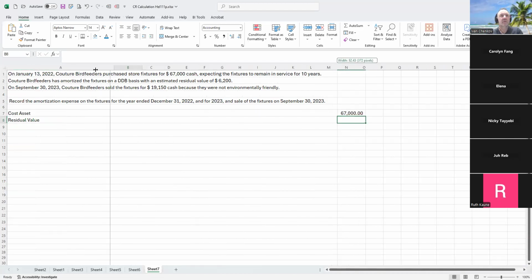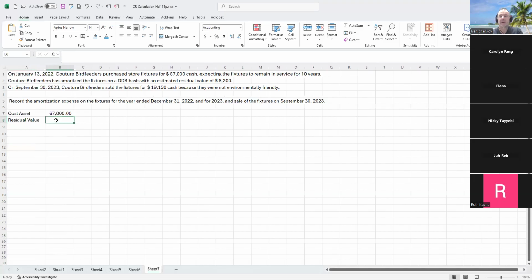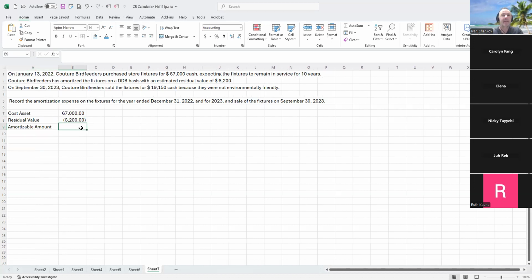Negative 6,200. How much do we have to amortize? The amortizable amount will be $60,800. Okay. Does that matter for the double declining?